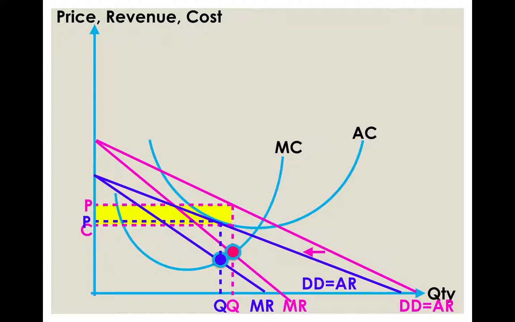Now, what do you notice about the profit being made by this MC firm? Yes, the new demand curve given by the blue DD actually touches the AC curve at its tangent, which means that the entrance of more competitors actually competed away the supernormal profits that it was making initially and now causes this MC firm to make only normal profits in the long run.